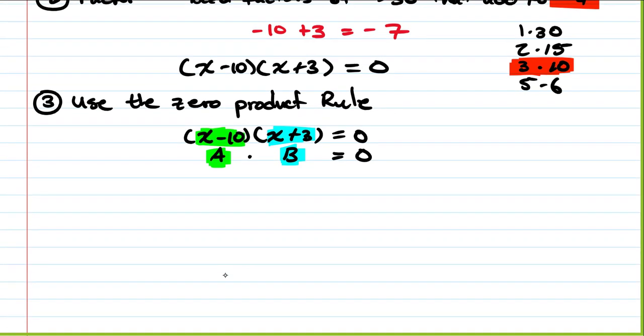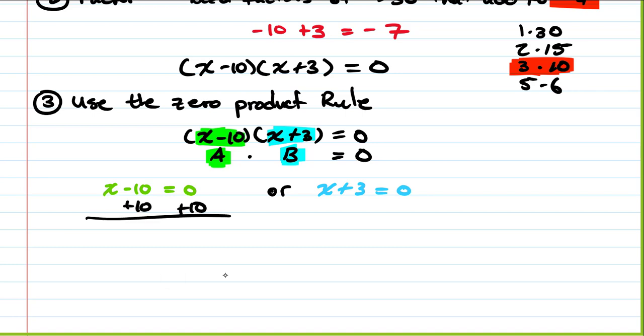By the zero product rule, we get the two equations: x minus 10 is equal to 0, or x plus 3 is equal to 0. And then we resolve each of these separately. We add 10, and we get our first solution, x is equal to 10. And we subtract 3 from both sides, and we have x is equal to negative 3.